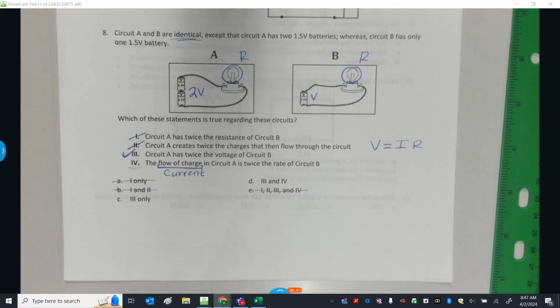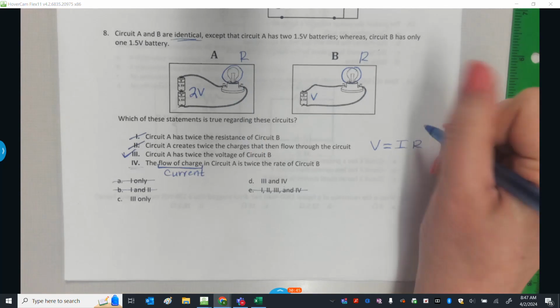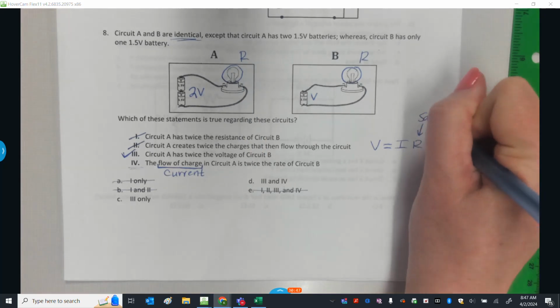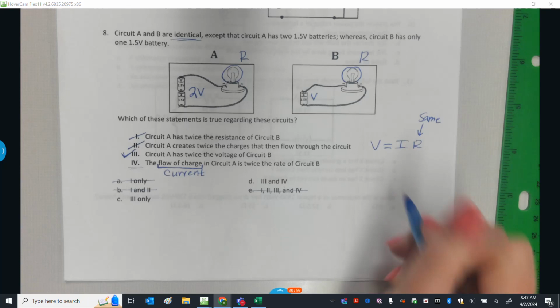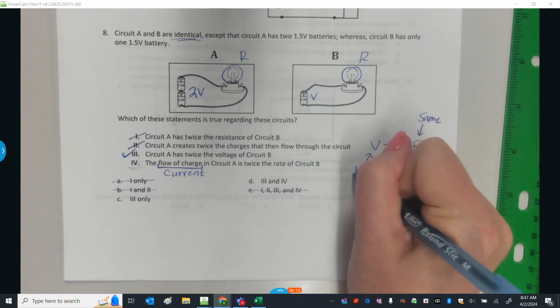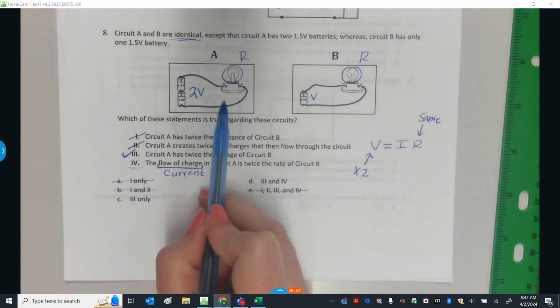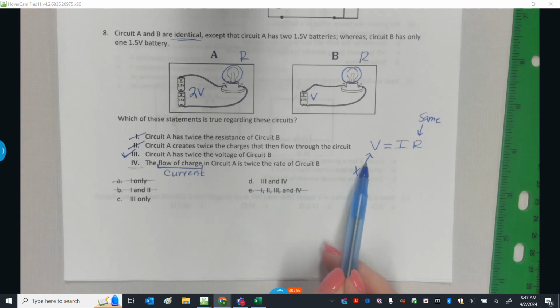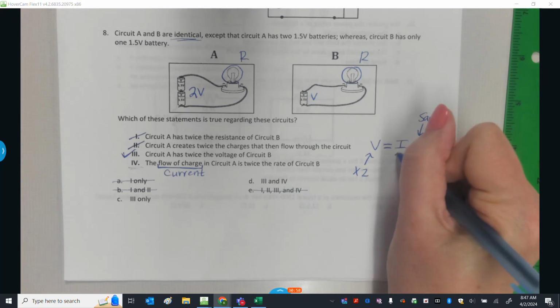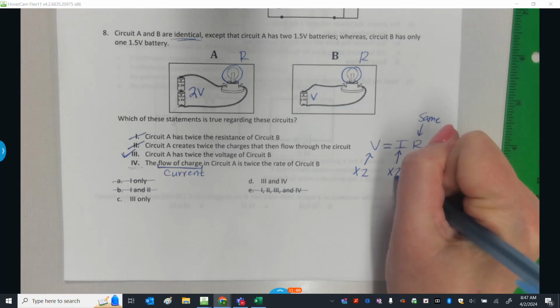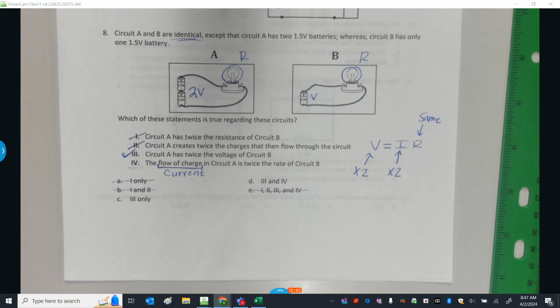Again, both of these circuits have the same resistance. If you were to double the voltage, which is exactly what we did in circuit A, the current also has to be double. They're directly proportional to each other.